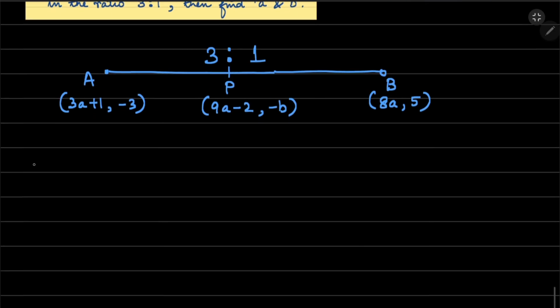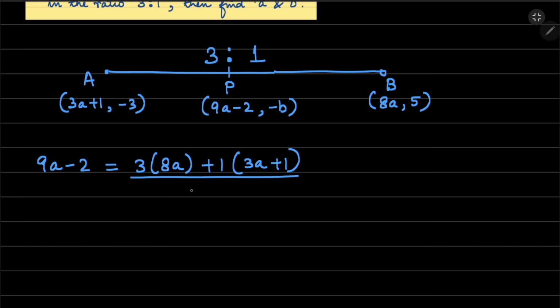So let's use the section formula. So you have 9a minus 2 is equal to 3 times 8a plus 1 multiplied by 3a plus 1, whole divided by m plus n, that is 3 plus 1. When you are taking the x coordinate of the point that divides, you have to only look at the x coordinates of the two other points.